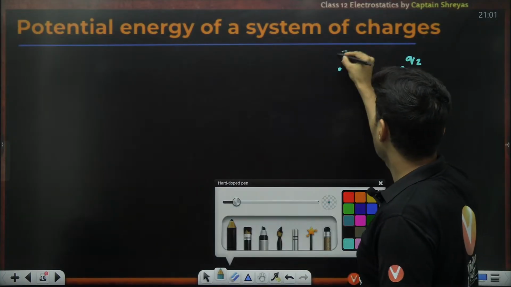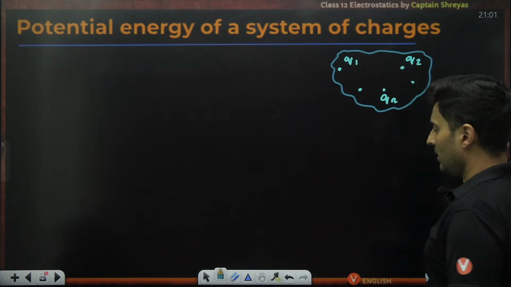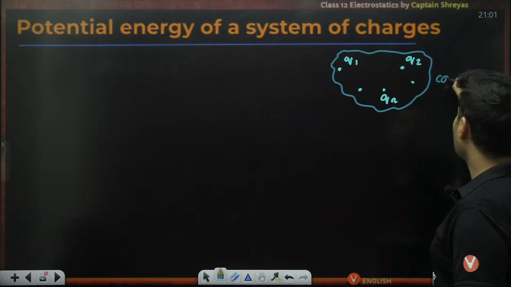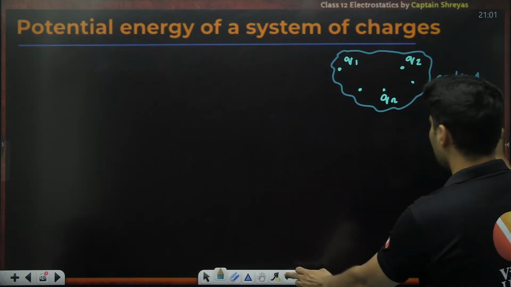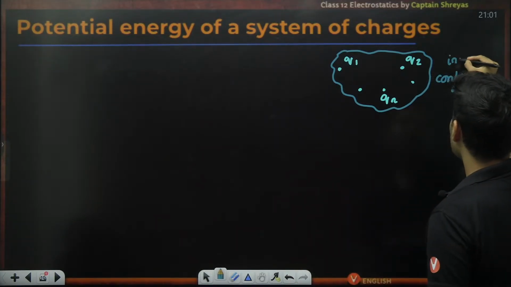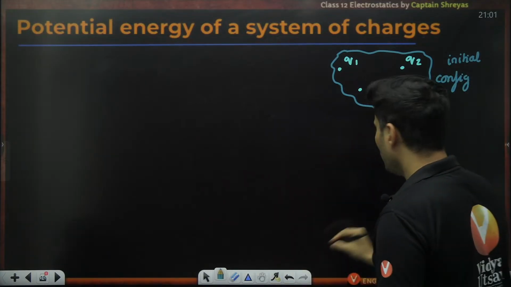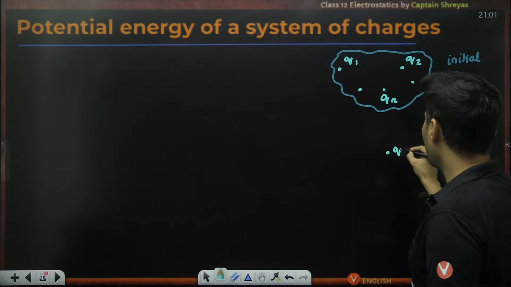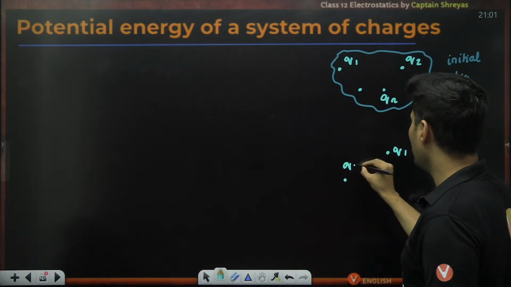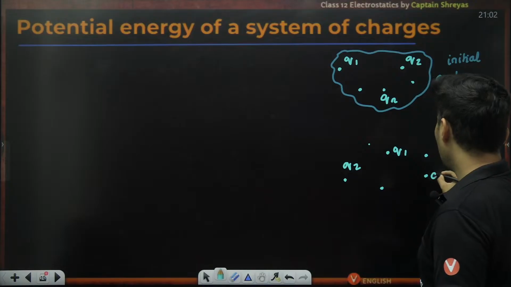Right now it is in a particular configuration. This is configuration 1, or I would say initial configuration. What you do now, you again rearrange these charges. Maybe Q1 you bring it here, maybe Q2 you bring it here, Q3 you take it here like this, and maybe Qn is over here.